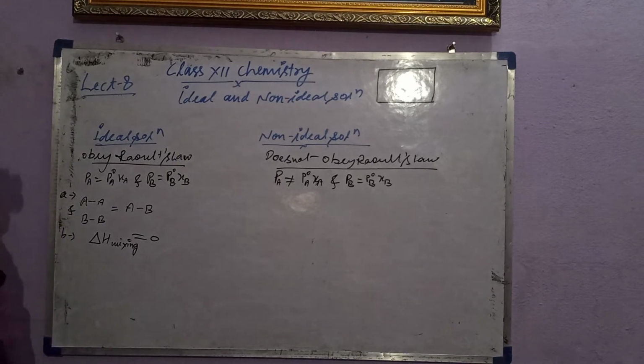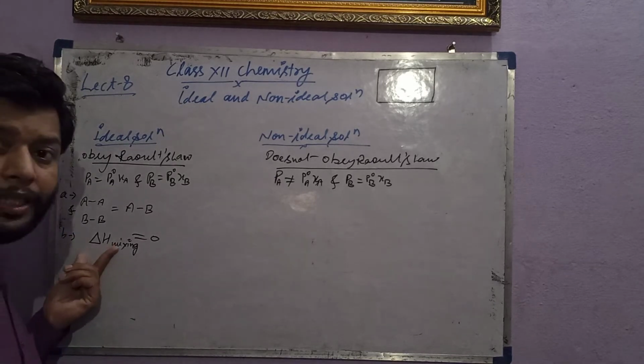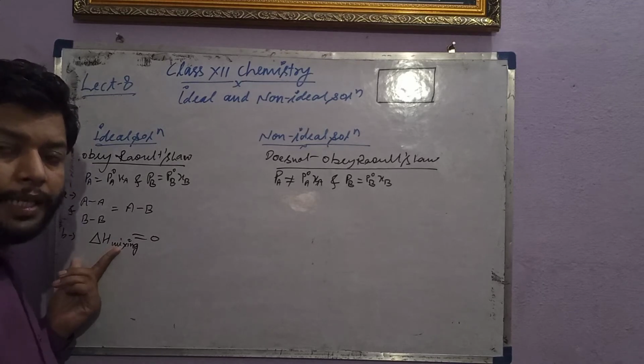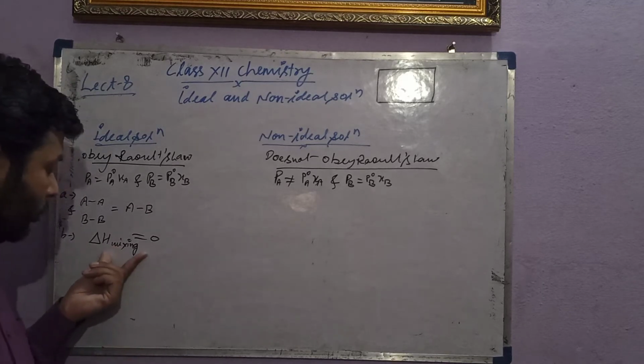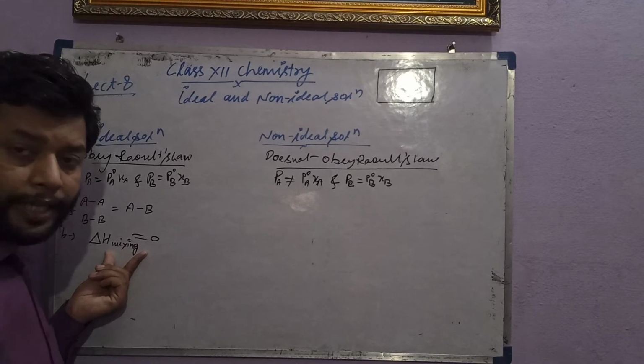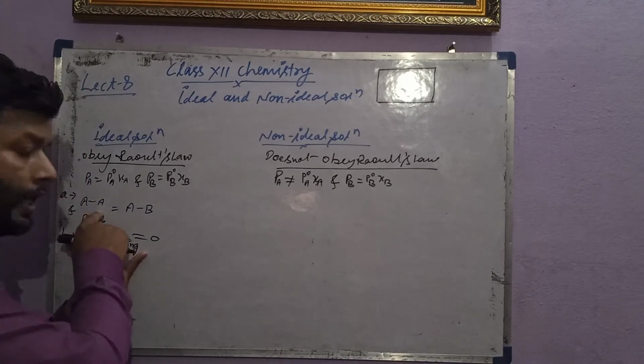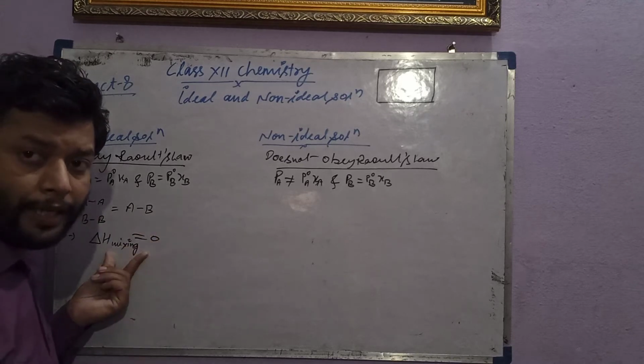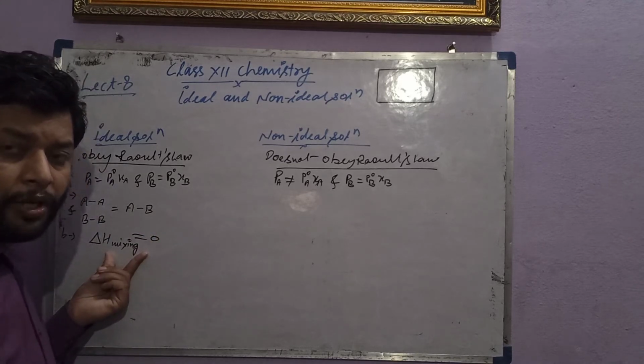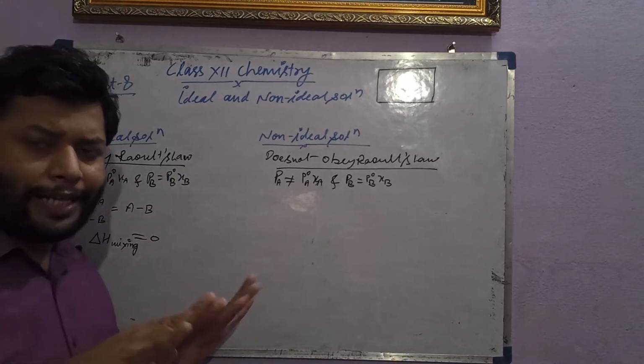Delta H mixing equal to 0. Delta H means enthalpy change. So whenever the two components are mixed together, there is no net force of attraction or force of repulsion between the components, because the net forces of attraction are constant.